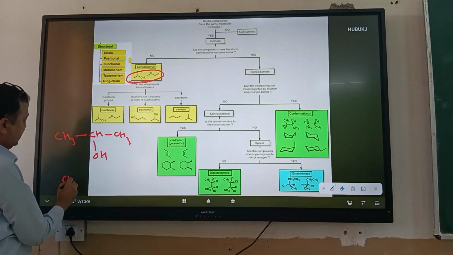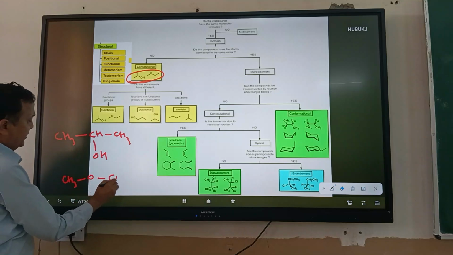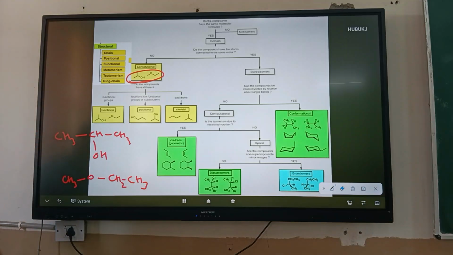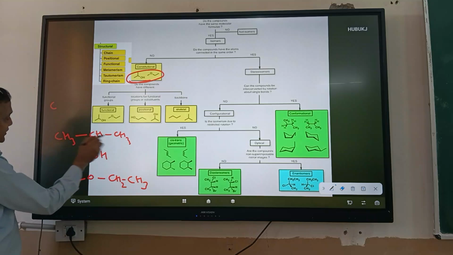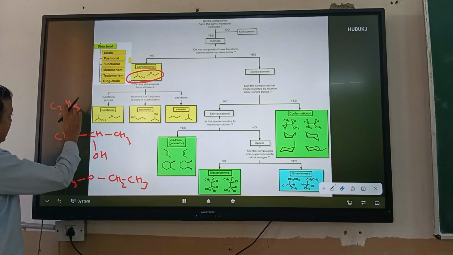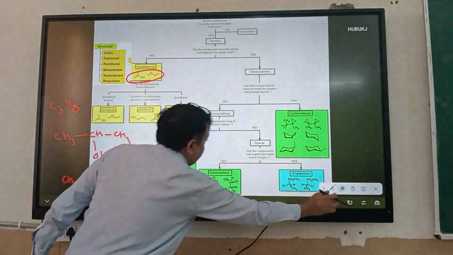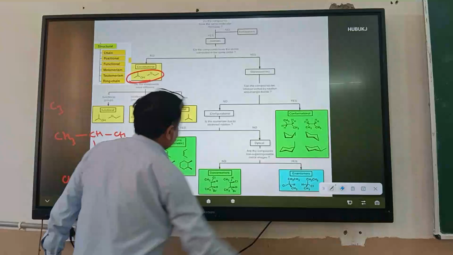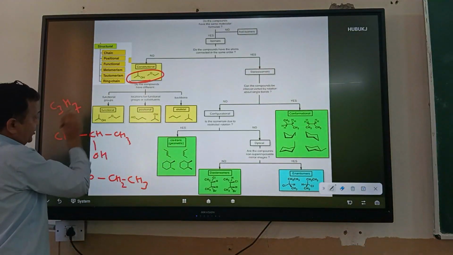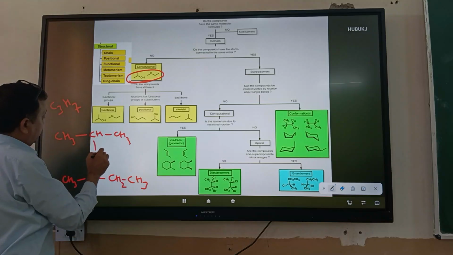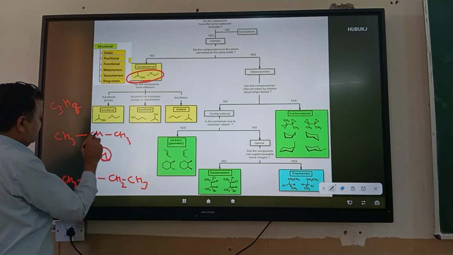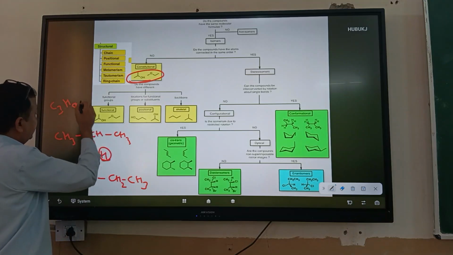And you can write this one as CH3, O, CH2, CH3. Now write down their molecular formula: C3H8O. Three, six, seven, eight hydrogens, and one oxygen.